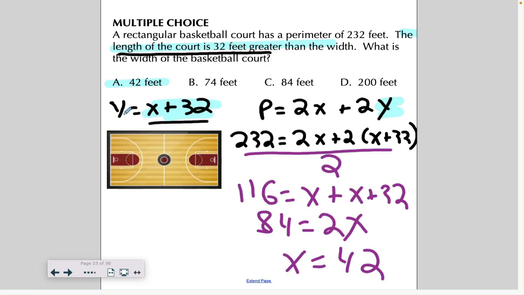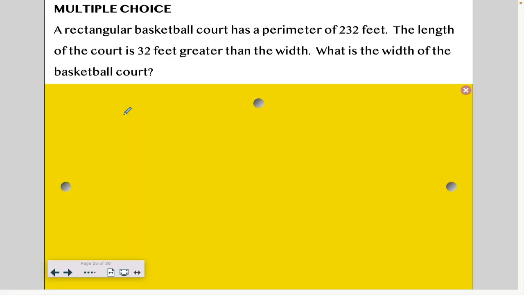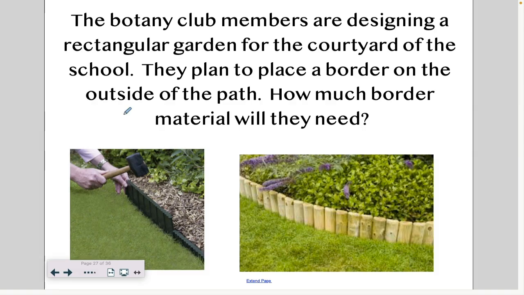You need a 108. 108. Separating the outside of the path.